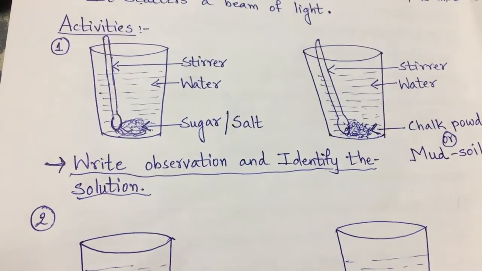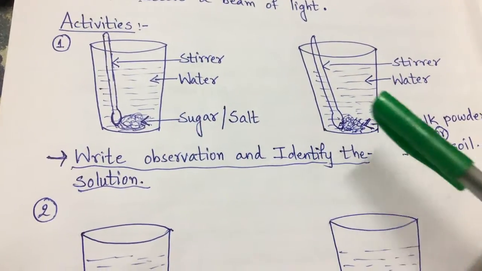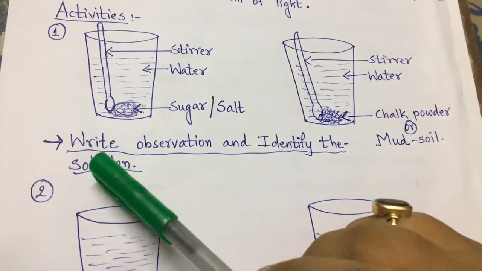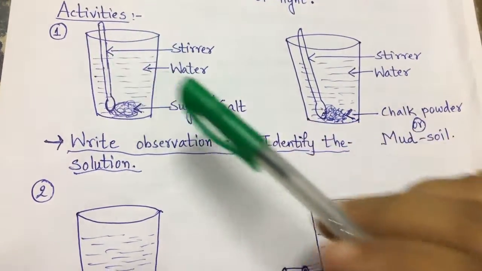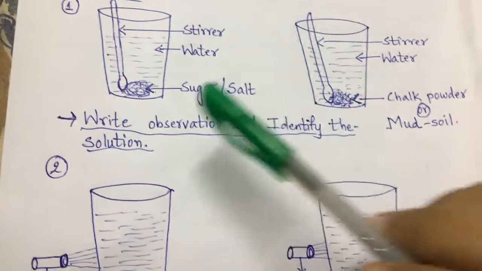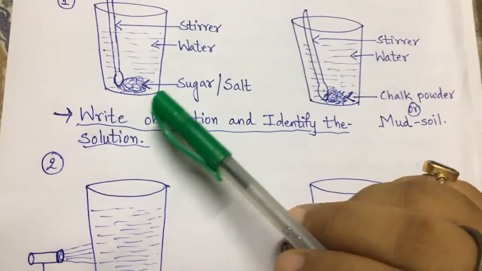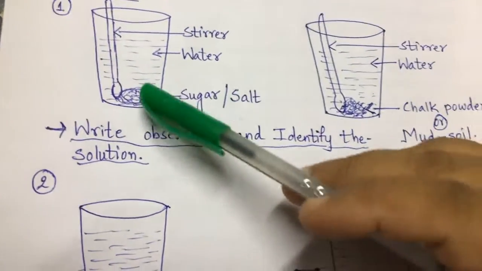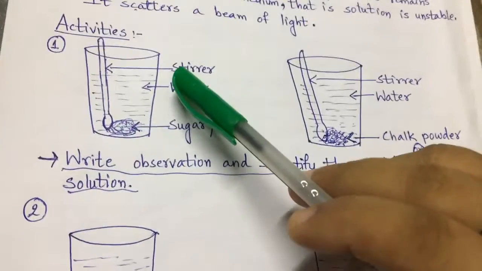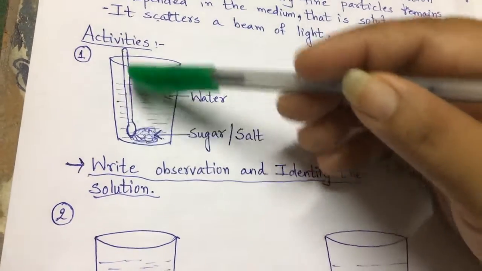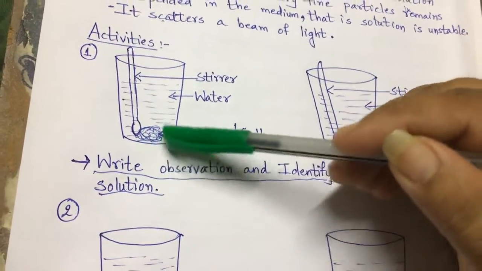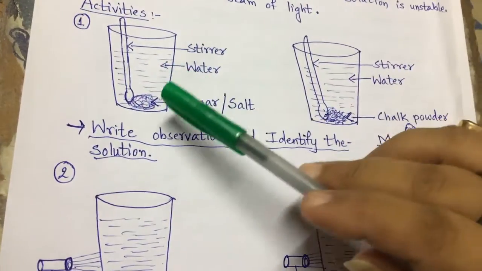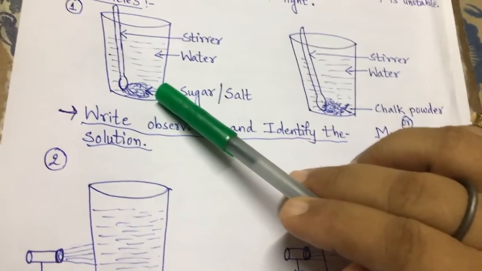Now let us see. I have given you a glance of the activities, and you have to do this and then write the observation, right? So you will take 2 glasses. In one of the glasses, take either sugar powder or salt powder in water and stir it. Stirrer means with the help of a spoon you will stir it. Then wait for some time and observe.